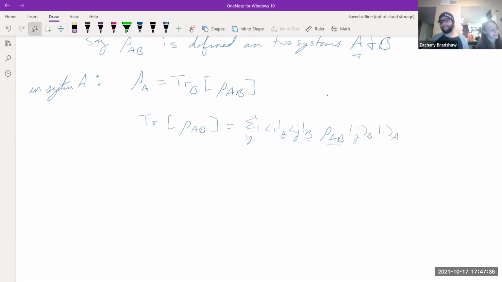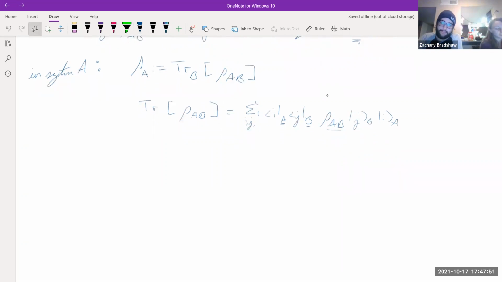So technically, if you want to write everything in bracket notation, you define a trace like this. You have your state and you sandwich it by your basis vectors, and then you sum over all of the sandwiching by all of your basis vectors. This gives you a number, 1 specifically, because it's just the trace of your full system.